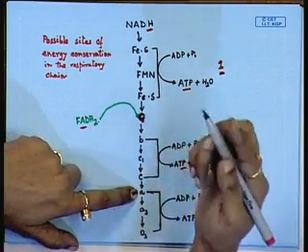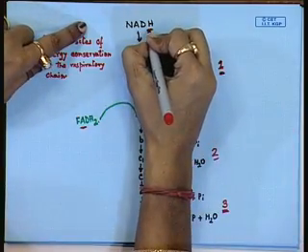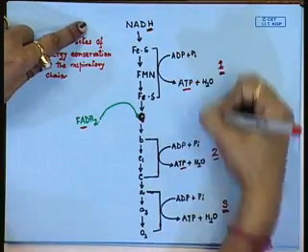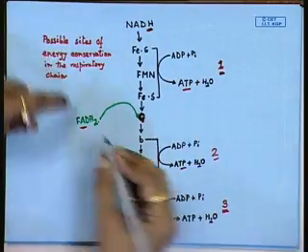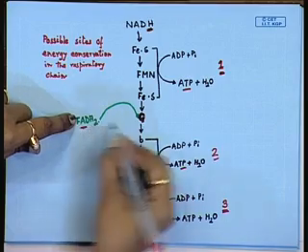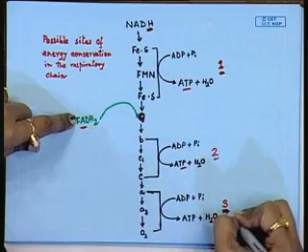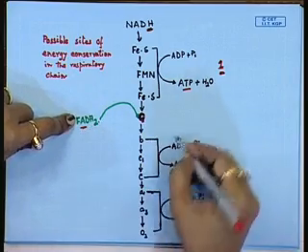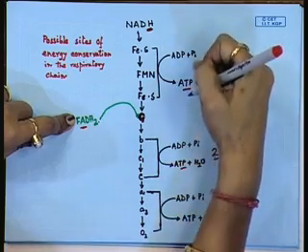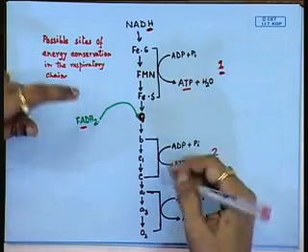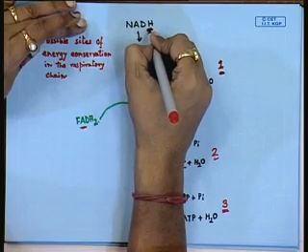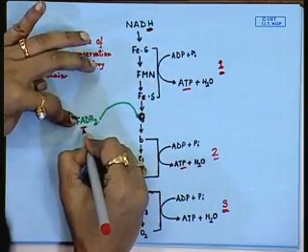So, we can tell that one molecule of NADH is producing 3 molecules of ATP, and one molecule of FADH2 is producing 2 molecules of ATP. So, this is the production pattern of ATP from one molecule of NADH and FADH2.